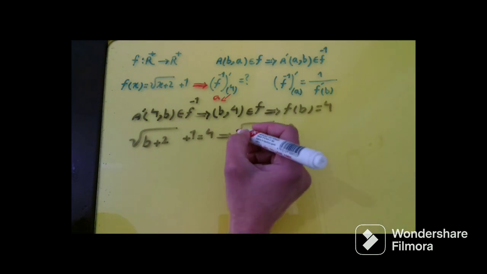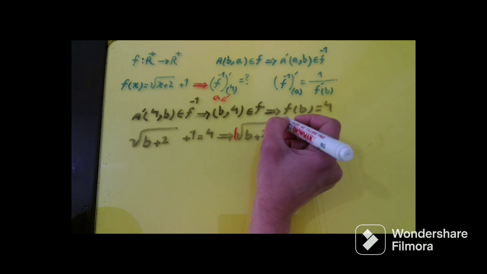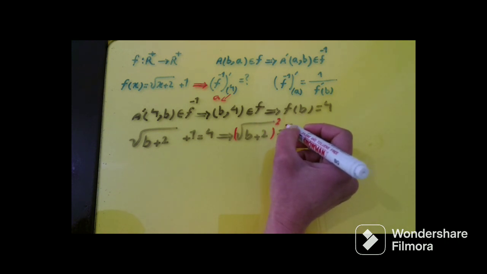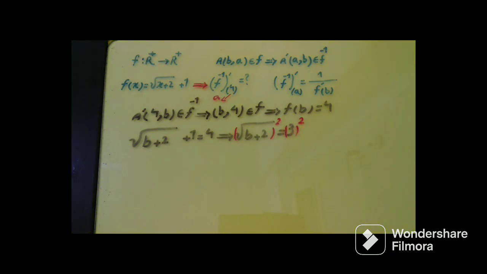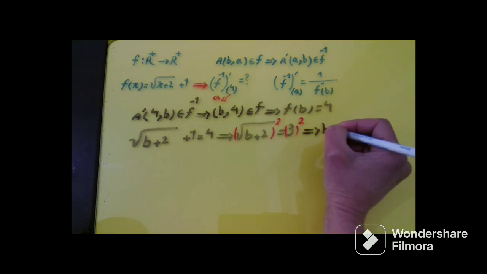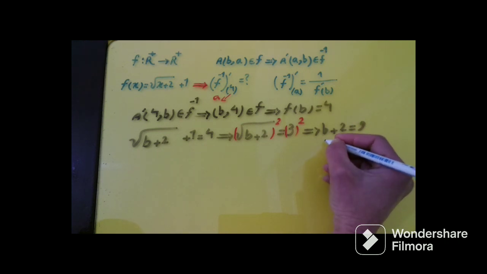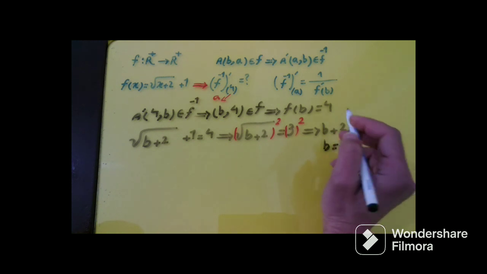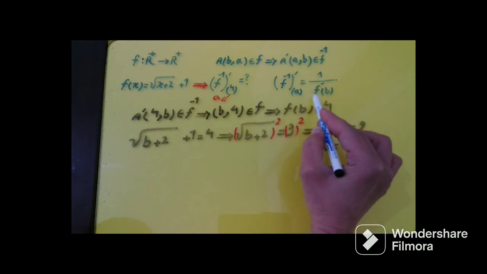So it should be raised to the power 2. It's going to be b plus 2 equals 9. In the end, b is 7. Now you should get the derivative of f and replace 7 instead of x in f prime.